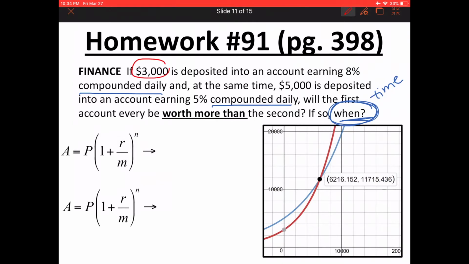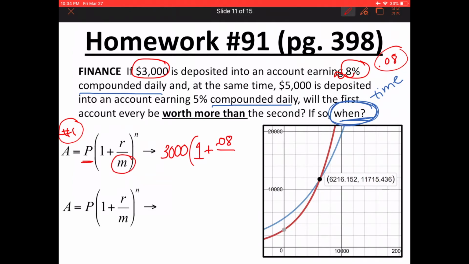So we're told that 3,000 is deposited into an account earning 8%. So for this first equation, this is going to be my scenario number 1. My principal is going to be 3,000. In parentheses, I'm going to have 1 plus this 8%, move the decimal place over twice, and I get 0.08. So my rate is going to be 0.08. M is the number of times compounded per year.